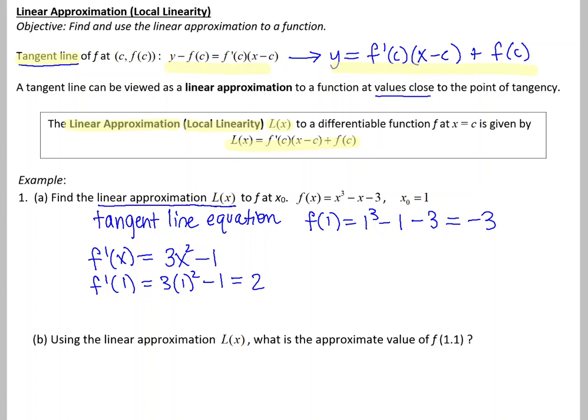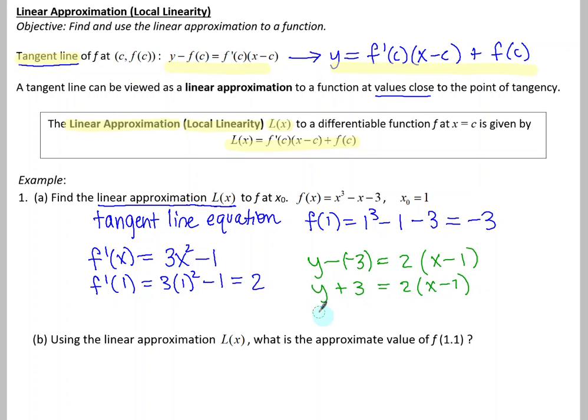Now we write the equation of our tangent line, and we're used to just doing it like this. y minus the y-coordinate, negative 3, equals the slope, 2, times x minus the x-coordinate, which was given as 1. This can also be written, of course, as y plus 3 equals 2 times the quantity x minus 1.